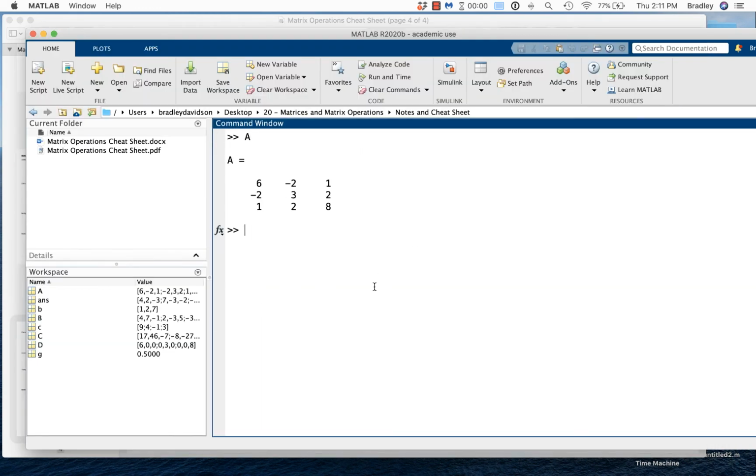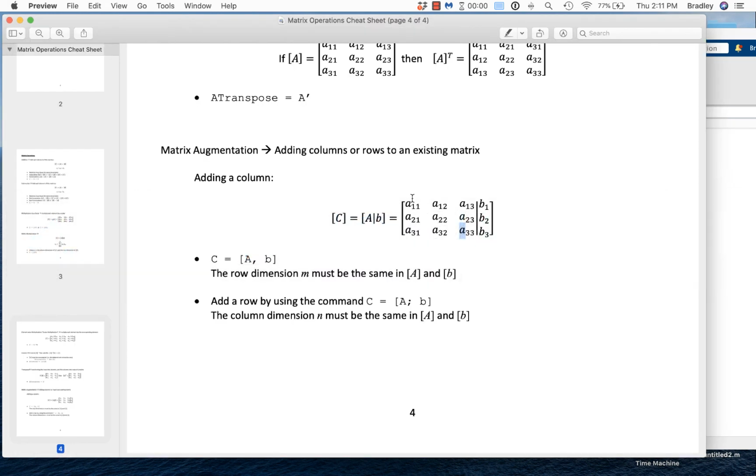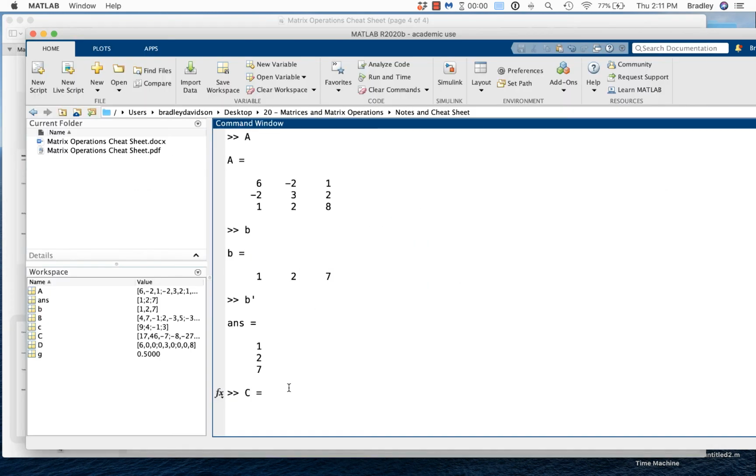So let's take a look at what we have here. We have A and we have B. B we've already defined in our MATLAB script as a row matrix, so we're going to use this instead as a column matrix. And notice that we use the prime, the B prime, which is the transpose operator, to turn this into a column. And if we want to augment this, so C is equal to the augment of A and B together, then we need to put them together.